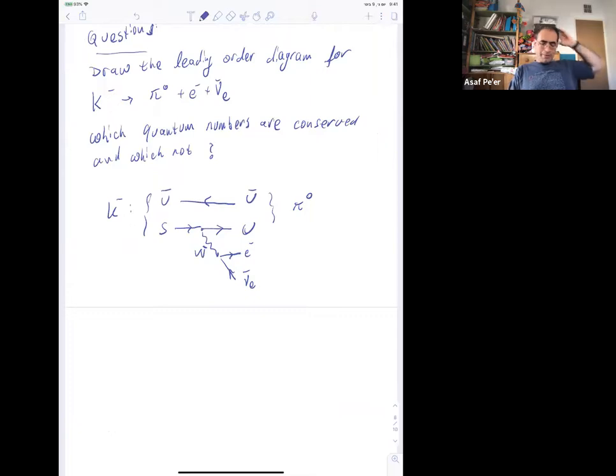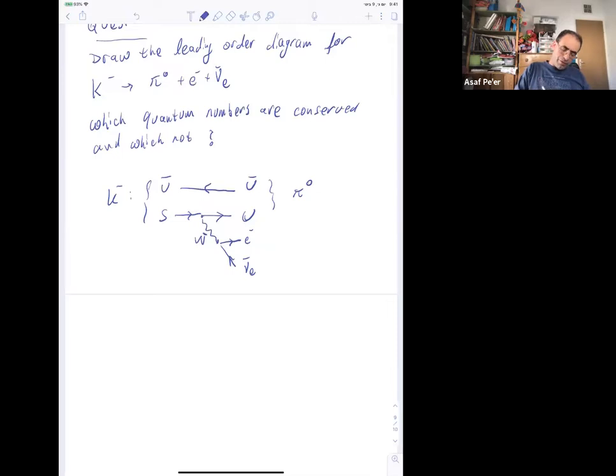Okay, so let's go back to the problem we had. The decay of the kaon. So basically we had an s quark that was transformed into a u quark. And the only way this can happen is via the charged weak interaction, mediated by the W minus. So the things that are not conserved: the flavor is not conserved.